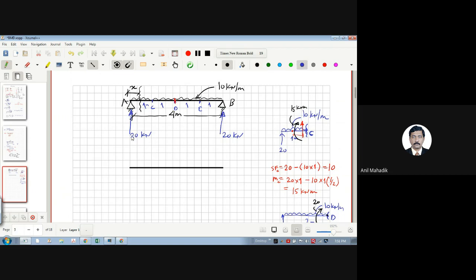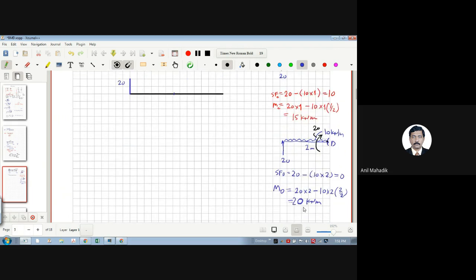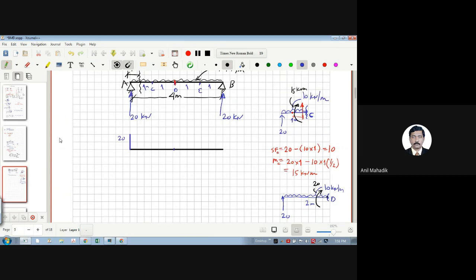What is the shear force at this support? Same as reaction, which is 20. So the value is 20. How much is the shear force at point D? 0, sir. Yes, it is 0 here.